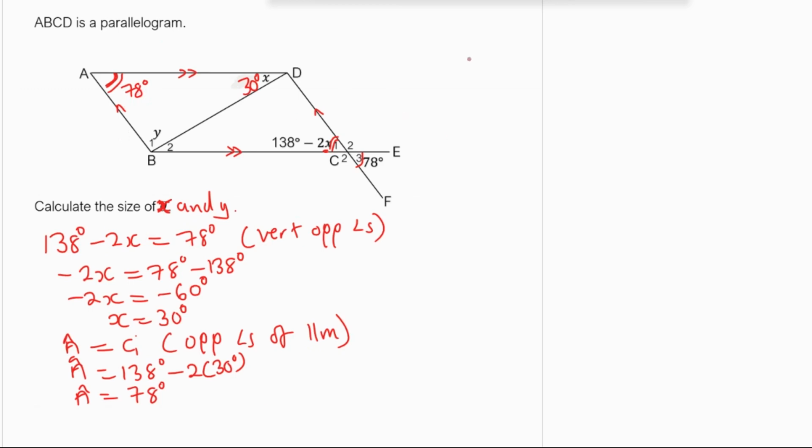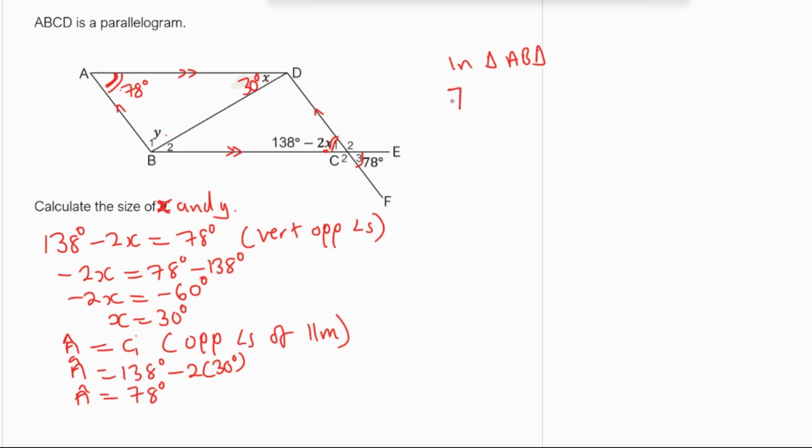Now let's consider triangle ABD. In triangle ABD, right, we can say that angle A plus angle X plus Y must give us 180 degrees, since these are interior angles of a triangle.